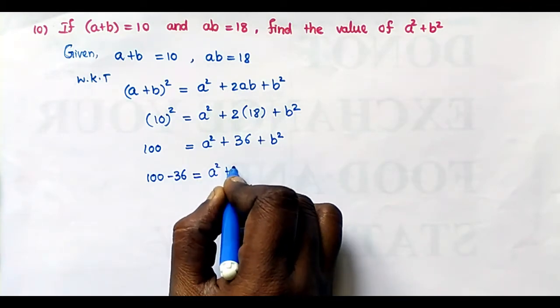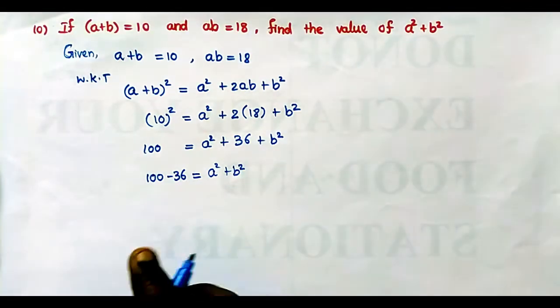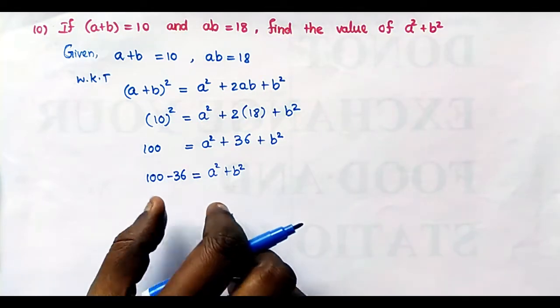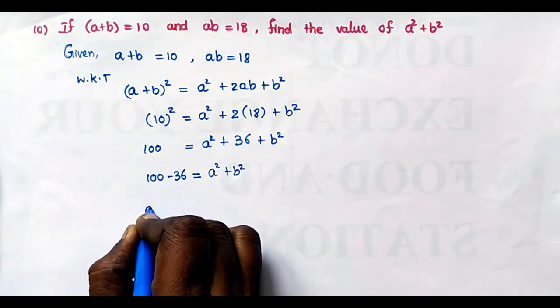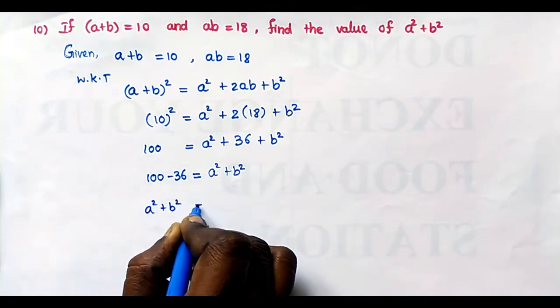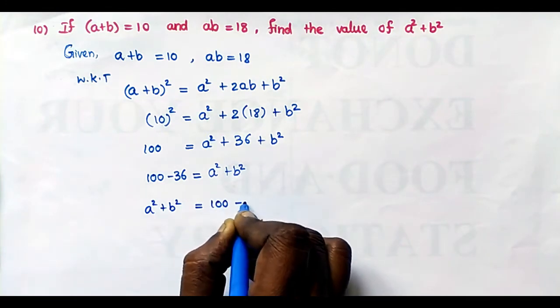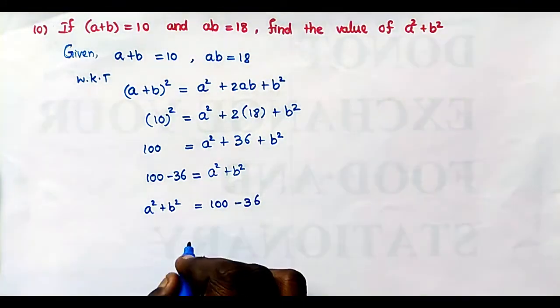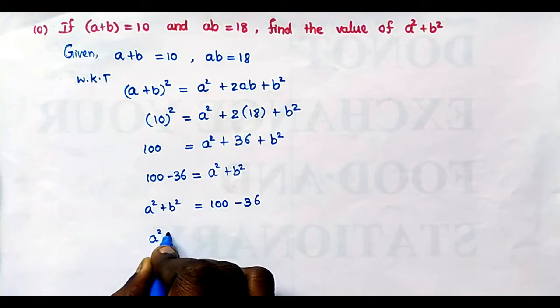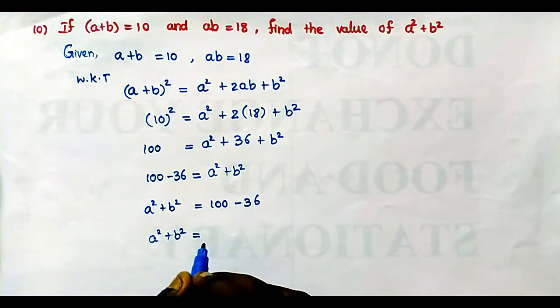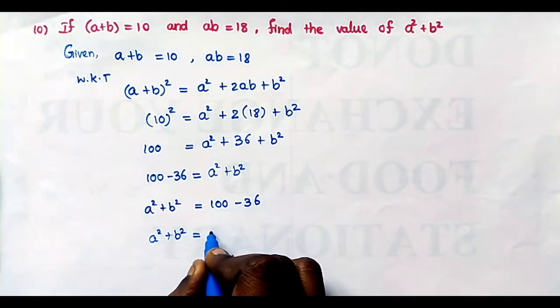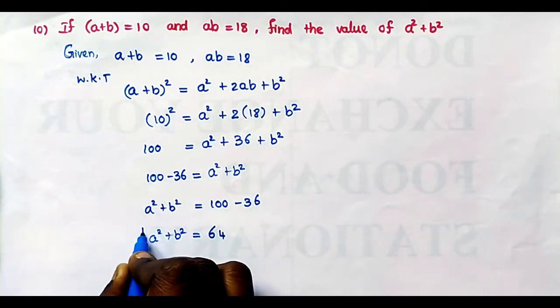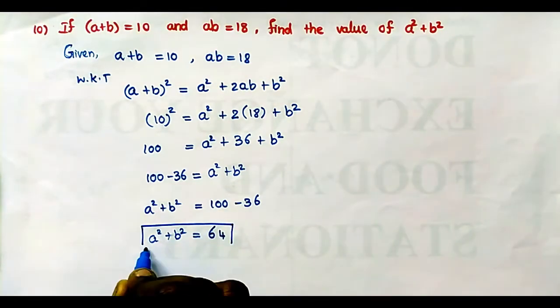Here a squared plus b squared is alone. Change the LHS and RHS. a squared plus b squared equal to 100 minus 36. So a squared plus b squared is equal to 64. That is the answer.